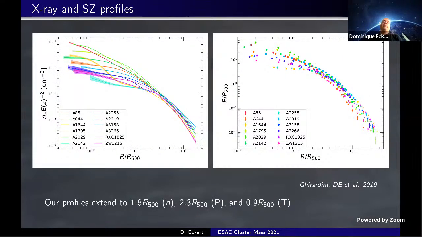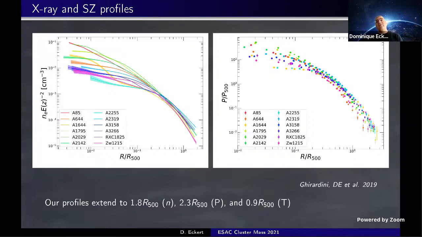So here are our profiles. Just begin on the left-hand side. These are the gas density profiles we reconstructed for the 12 clusters of our sample. On the right-hand side, these are the corresponding pressure profiles, where we have both the SZ pressure measured directly from Planck and the pressure we reconstruct by combining the spectroscopic X-ray temperature with the gas density from the X-ray.